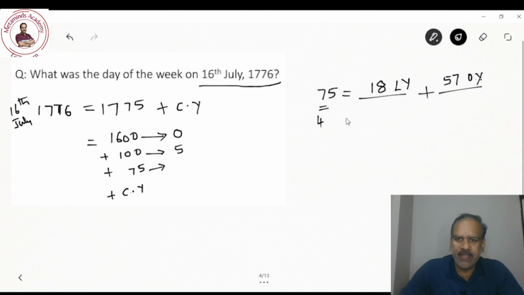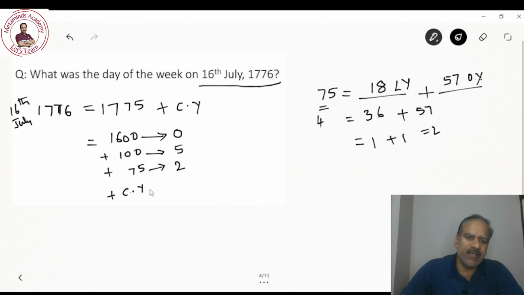So 18 leap years has 18 into 2, 36 odd days, and this has 57 odd days. You sum and divide by 7, 35 is 7 into 5, you will get 1 odd day. So total 2 odd days. So 75 years has 2 odd days.